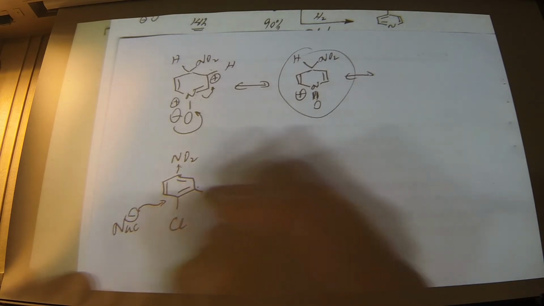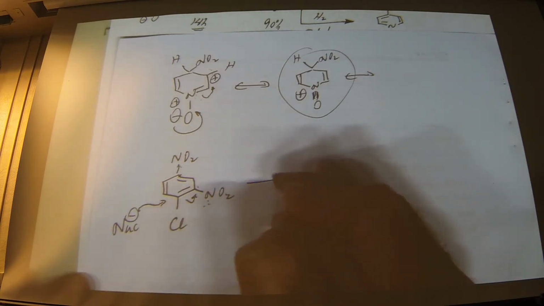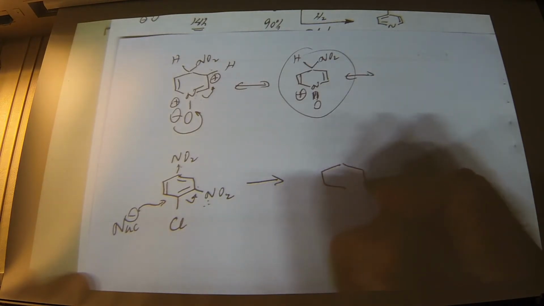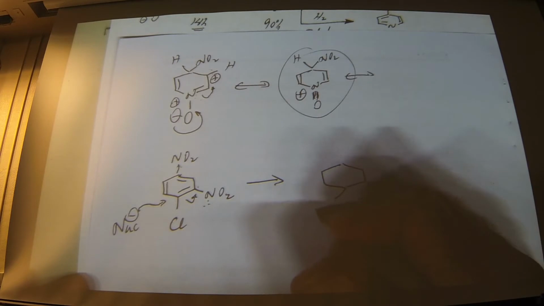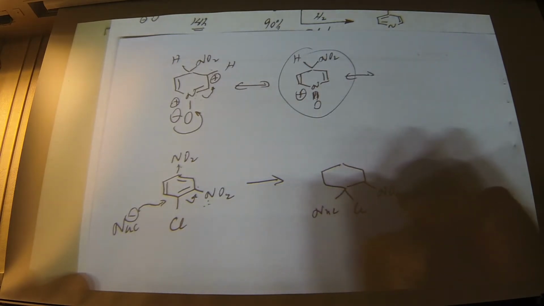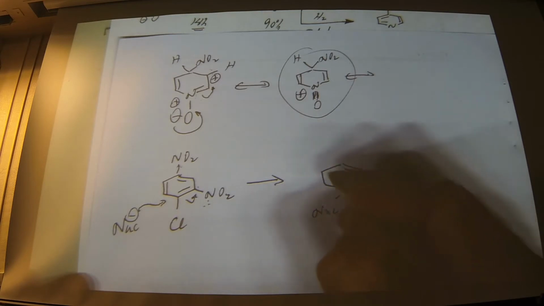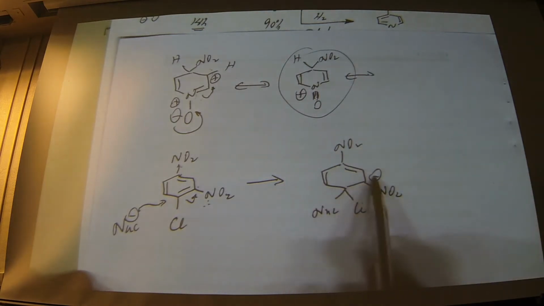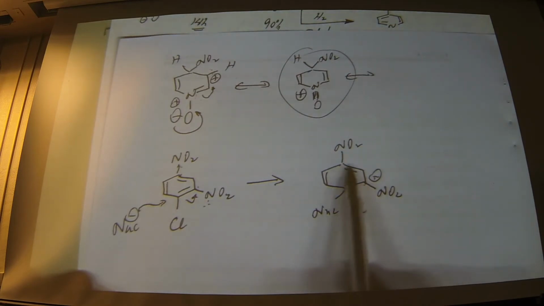You get nucleophilic addition, and then you can see what the nitro group is doing. The nitro group is stabilizing the negative charge that you get when you add your nucleophile to the aromatic ring. You have a bunch of resonance structures. I won't write them, but you can figure out that this negative charge is now stabilized by both nitro groups.